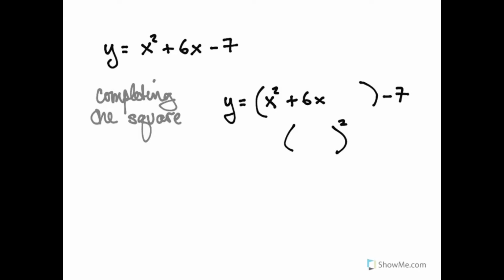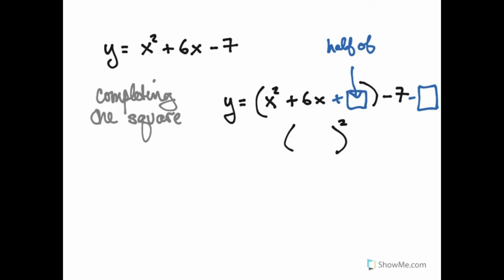Now the 7 is still there, and if I add something inside the parentheses, I had better subtract it outside. Now, when I add a square and subtract the square, it will be the same equation I started with. Well, what goes in here to make a perfect square? It's half of the middle term, squared.